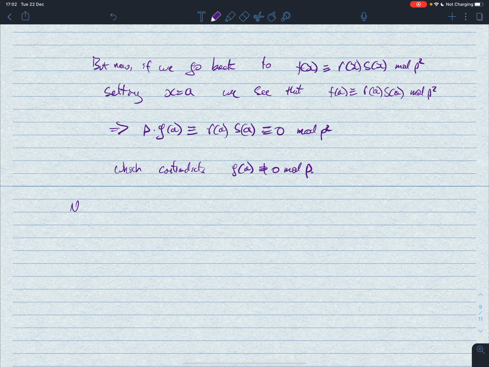So now, since I've checked that it's irreducible mod p squared, we are also irreducible in Z[x], as the same argument of proposition 1.2.13 applies.